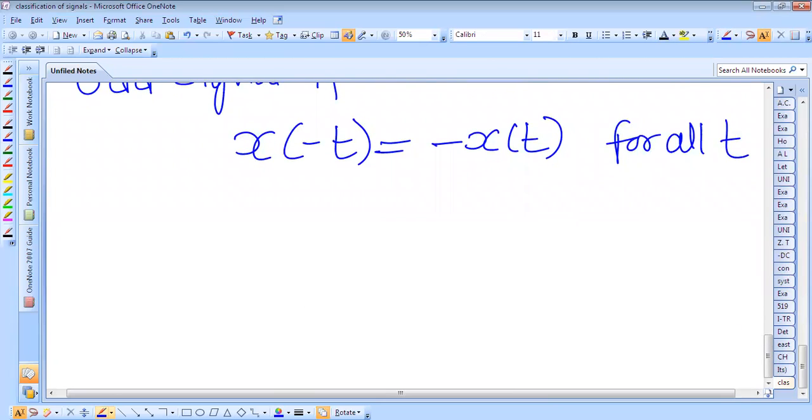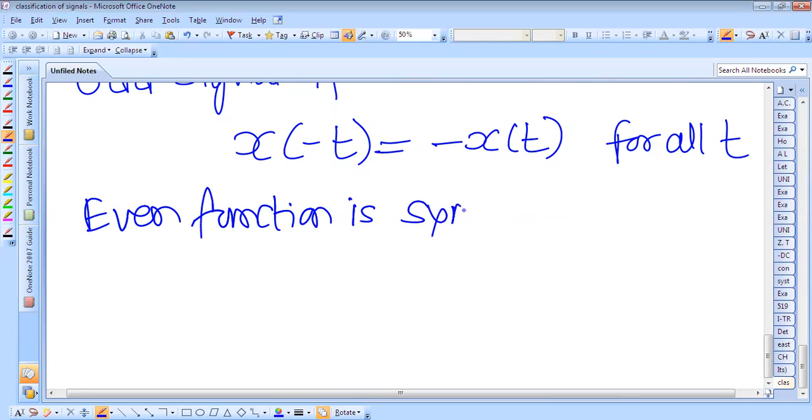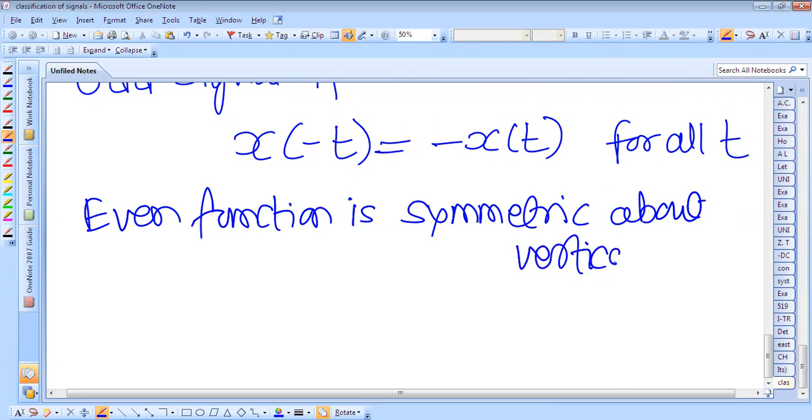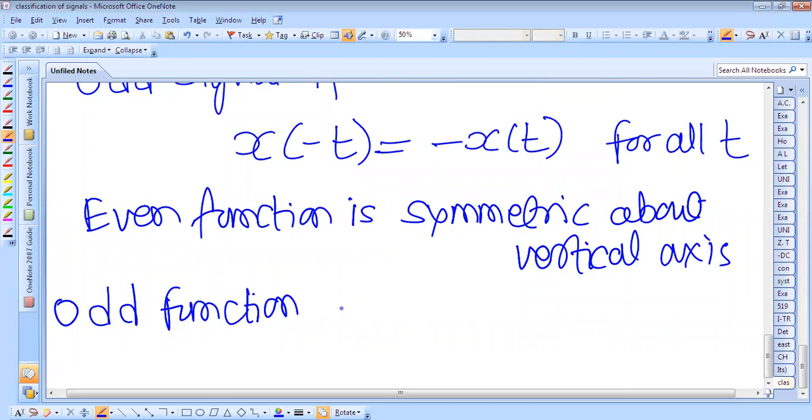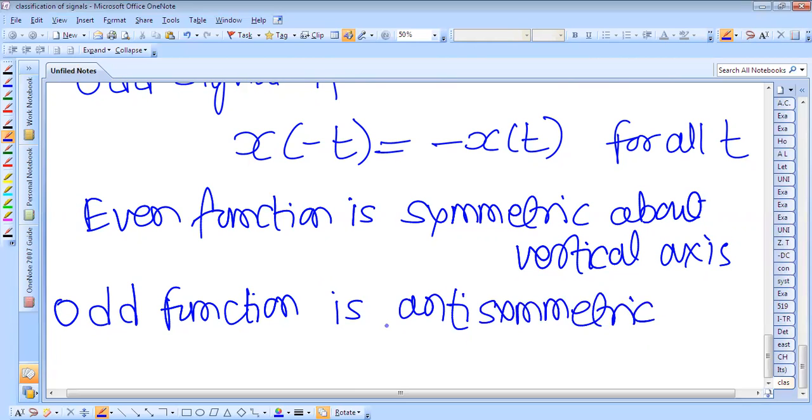So this even function is symmetric about the vertical axis, and an odd function is anti-symmetric about the time origin.